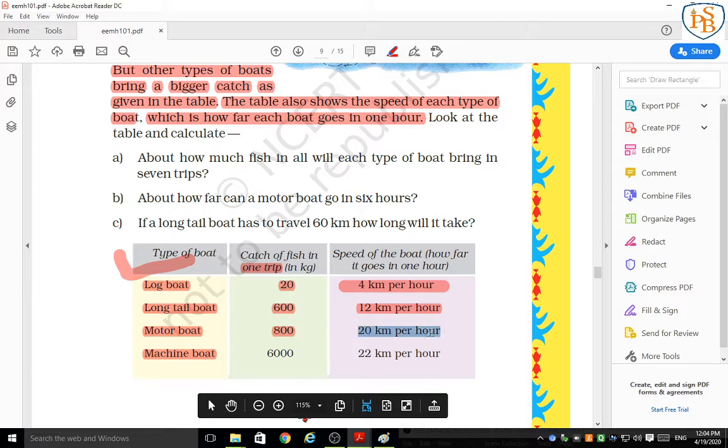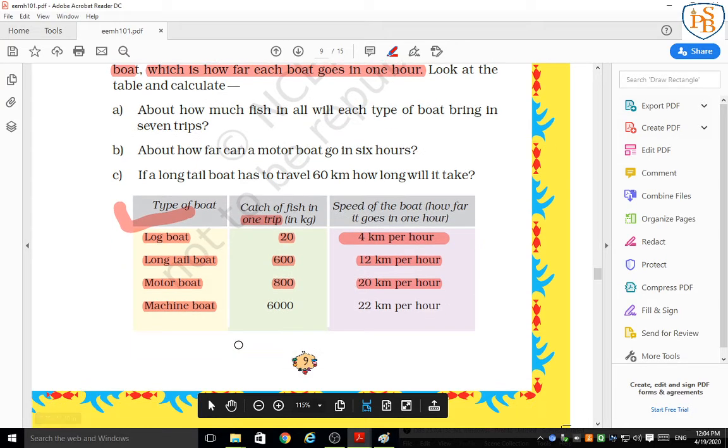What is the speed of motor boat? 20 kilometer per hour. Then our last type is machine boat. Machine boat carries, what is it, students? Yes, 6000 kilogram, and the speed of machine boat is 22 kilometer per hour.